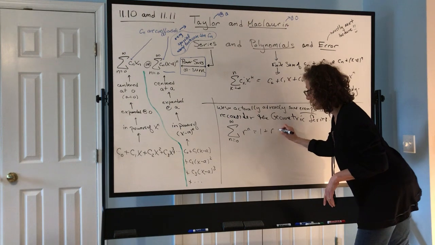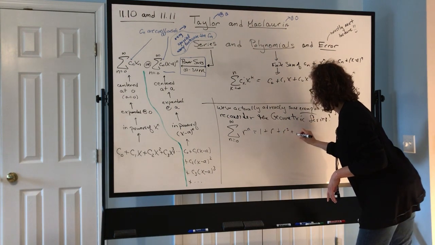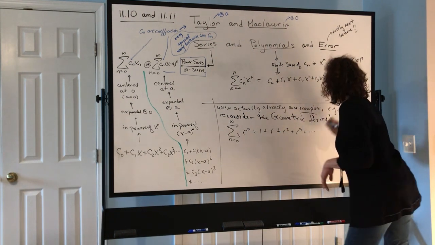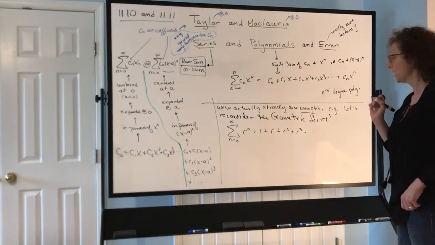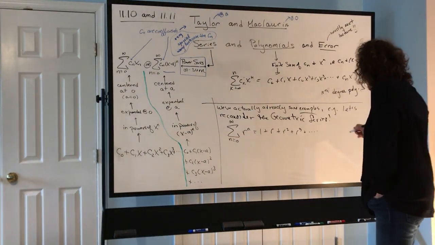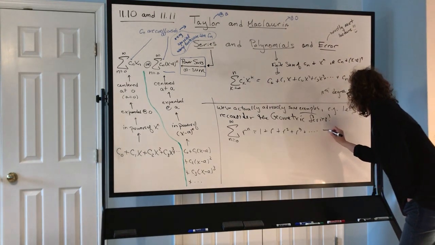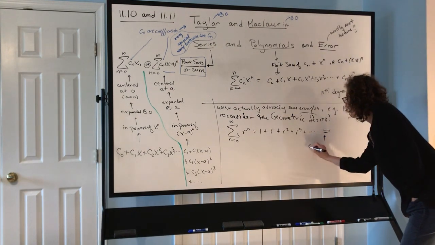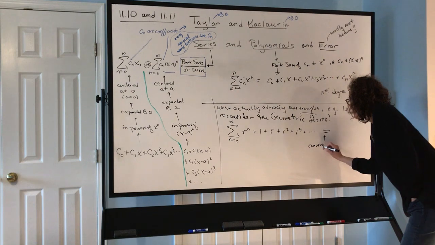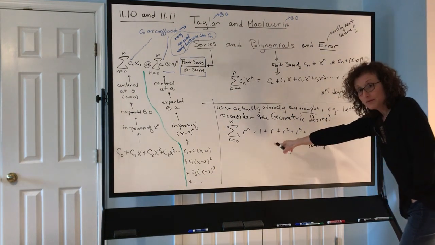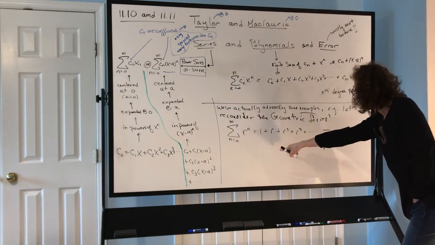When n is 1, r, plus r squared plus r cubed, on and on forever. And what did we discover? That this thing converges when what? Tell me what is true about r.